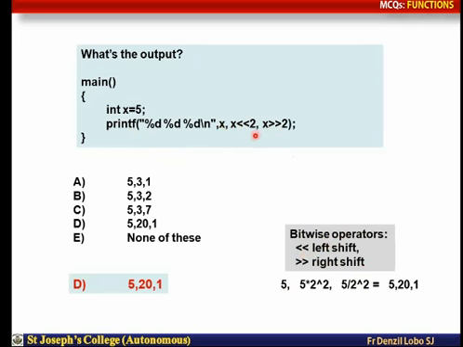Left shift means x into 2 to the power 2, shifted by 2. Right shift means divide by 2 to the power 2. This is 5 into 4, which is 20. 5 divided by 4 is 1.